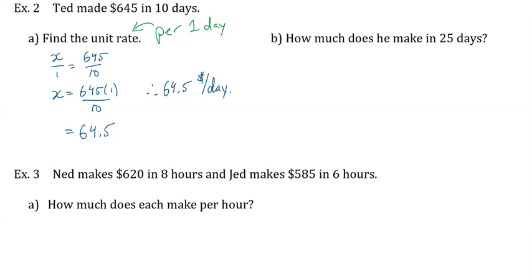Look at how the proportion, the math, does the exact same thing. Solving a proportion is the same as your intuition that yes, if it's 64.50 for 1 day, then for 25 days, you just multiply by 25. It works out the same mathematically. So that is $1,612.50.